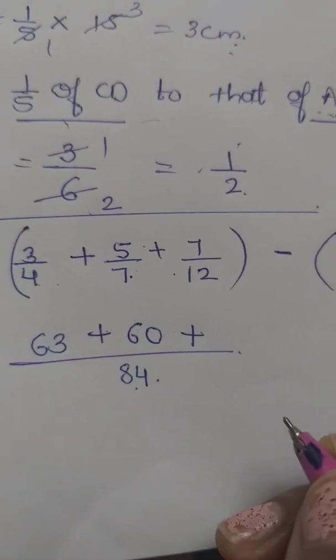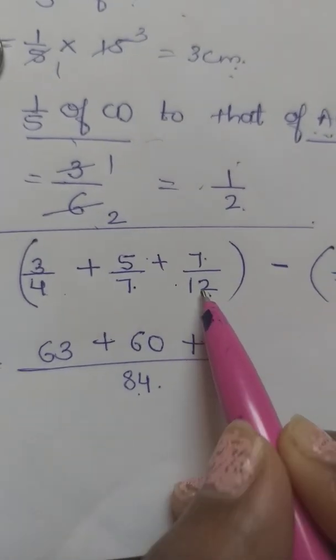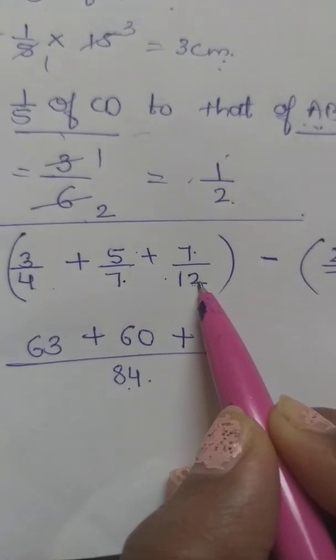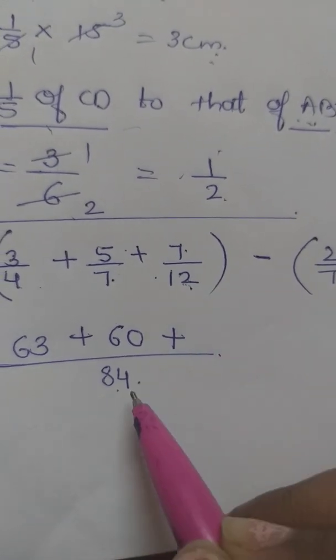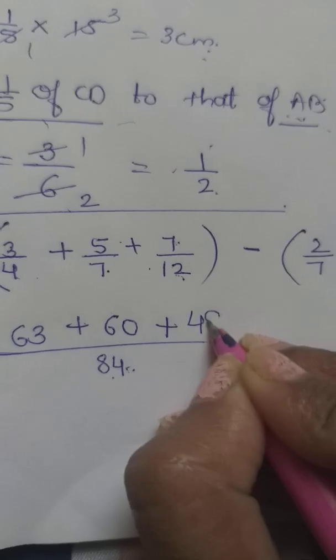Plus 7 over 12, multiplied by 7: 12 sevens are 84, 7 sevens are 49.